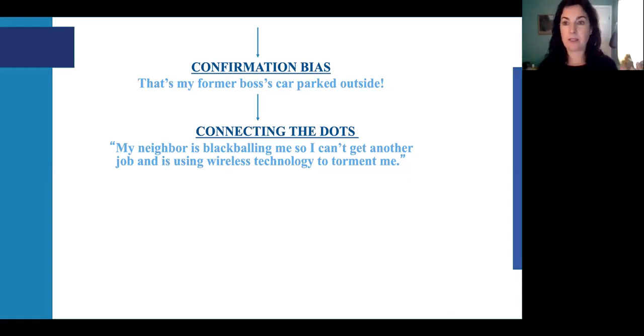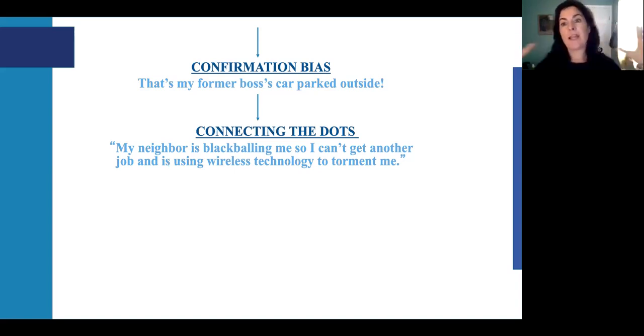So in this case, he thinks, okay, that car that is parked outside is the car of my former boss who's working with the neighbors, who's trying to ruin my life so that I never get another job again. And it feeds into this idea that the neighbors are retaliating, right?